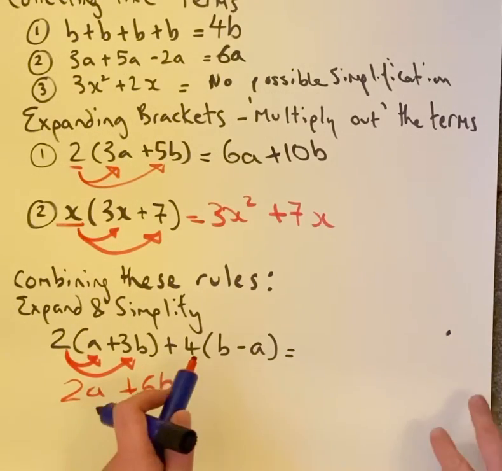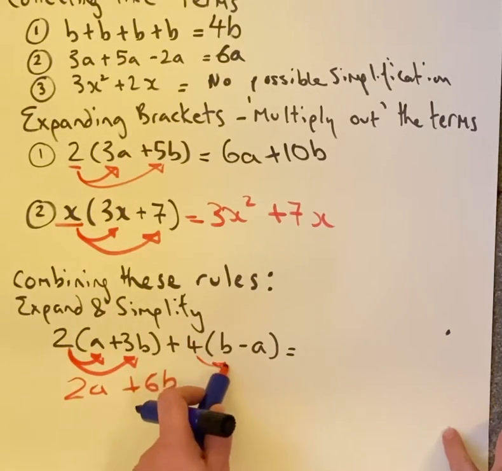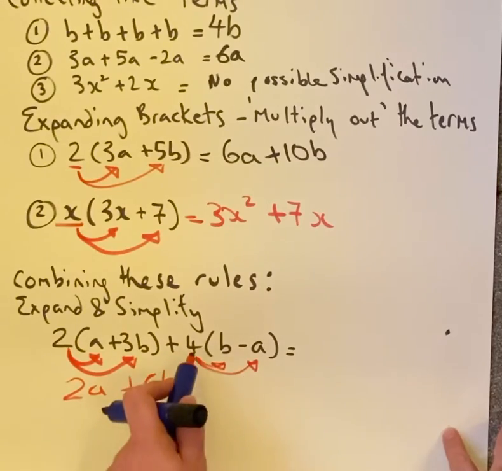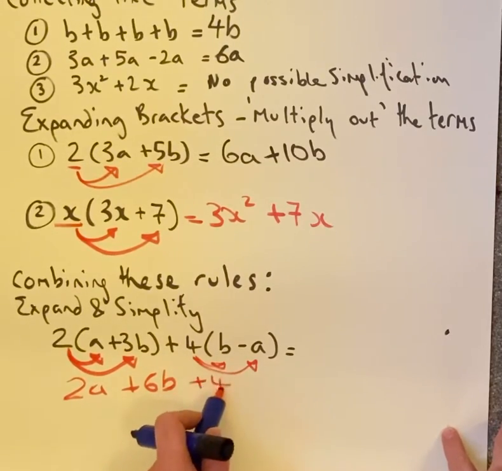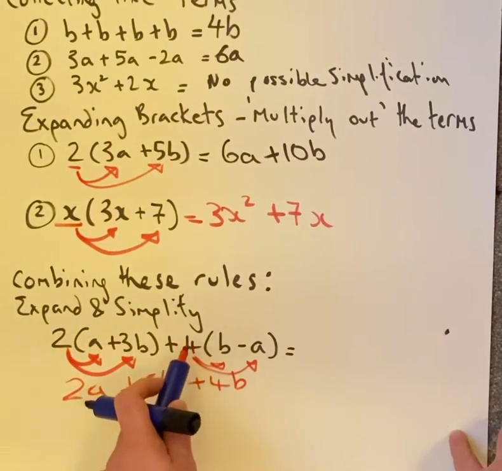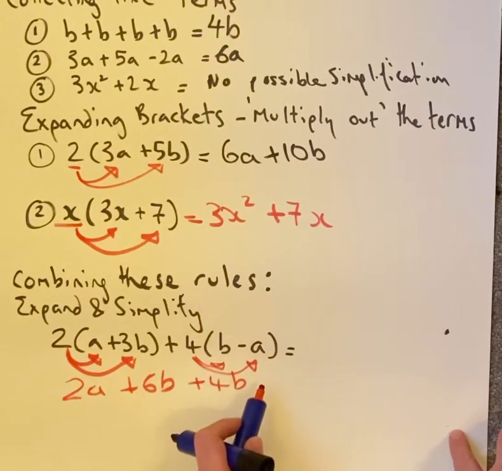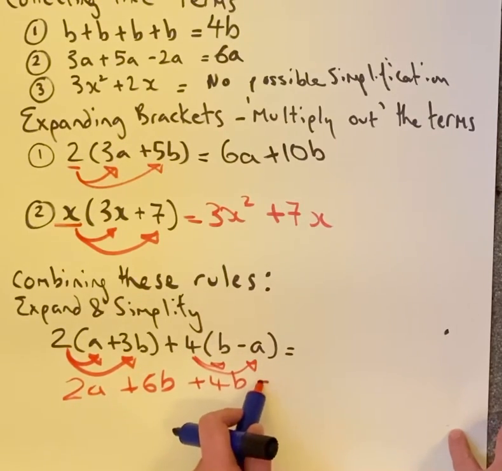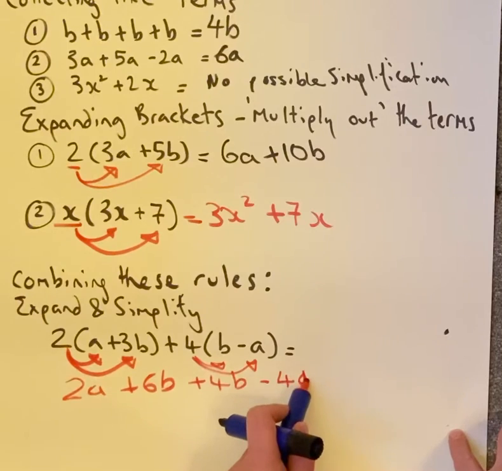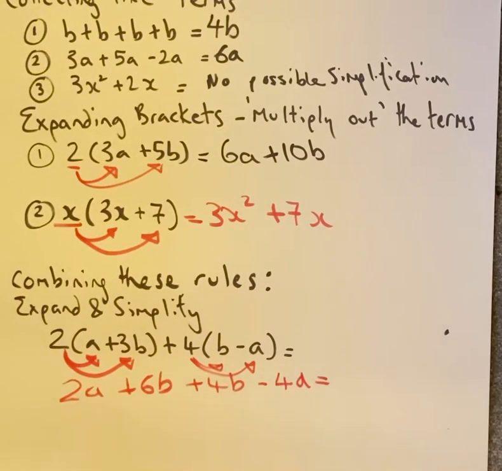And if I multiply 4 by each of the terms inside the brackets, so 4 lots of b gives me 4b, and here we've got to be careful, we're timesing a positive by a negative, so 4 times minus a is minus 4a, because a positive times a negative is negative.